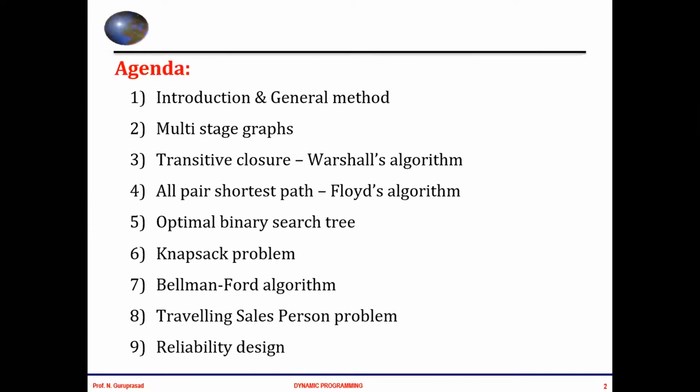In dynamic programming, we will see Floyd's algorithm. You all know that Dijkstra's algorithm was basically focusing on single source and multiple destinations, but Floyd's algorithm focuses on multiple source and multiple destinations. And that's the prime reason it is called all pair shortest path.